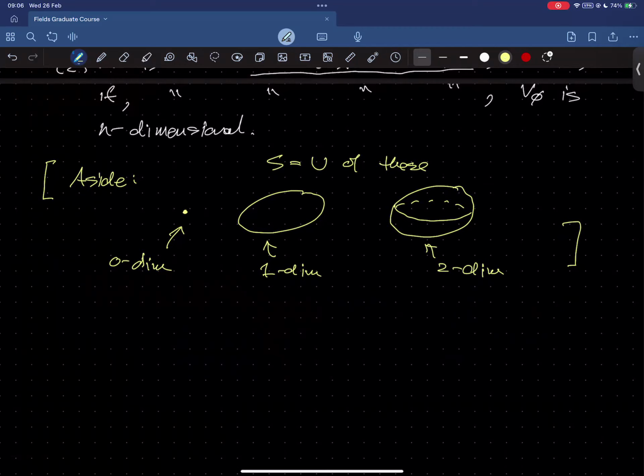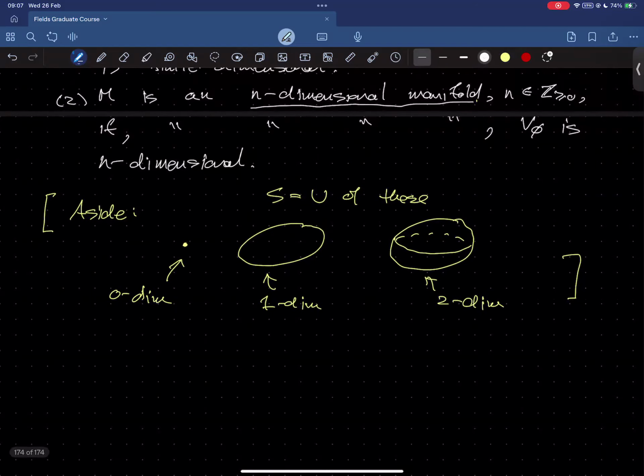That's just because if you have a mapping between two Euclidean spaces which is a homeomorphism onto its image, like a chart map is, then those two Euclidean spaces have to have the same dimension. Things are more complicated in infinite dimensions, but in finite dimensions, you have this decomposition into components of various dimension.